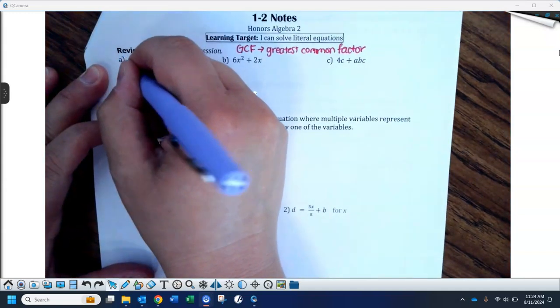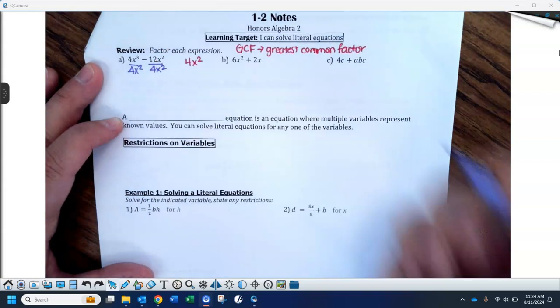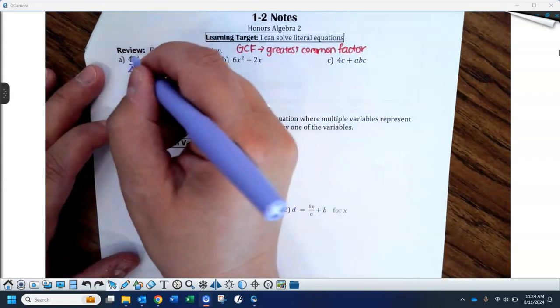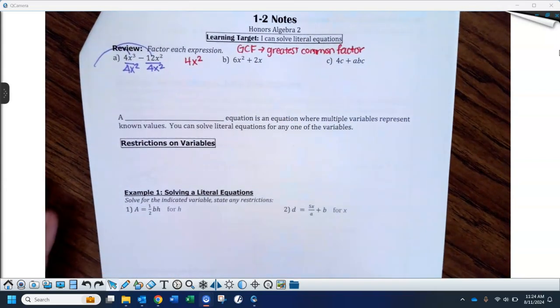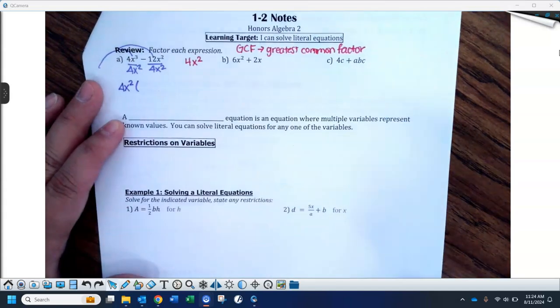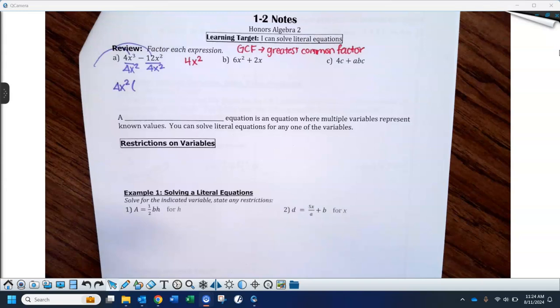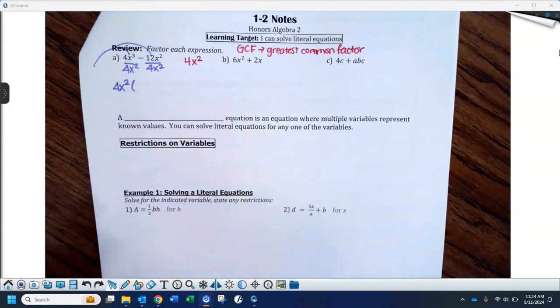To do the process of factoring here, what you want to do is divide both terms by that greatest common factor. And when we do that, it's like undoing a distributive property. We're going to pull that out in front. So I'd pull the 4x squared out in front of a set of parentheses, and then you'd tell me what would be left. So in that first term, 4 divided by 4 would just become 1.